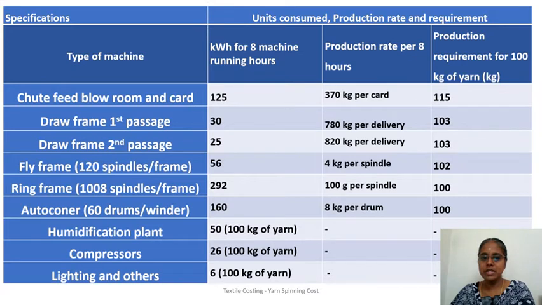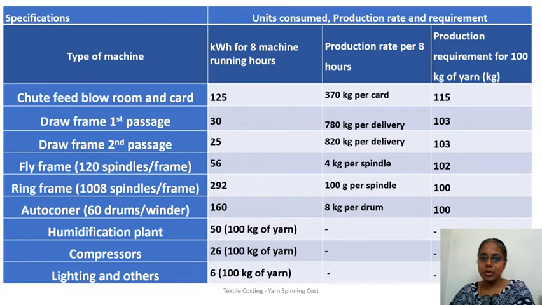First draw frame passage 780 kg, second 820 kg. Next, fly frame 100 grams per spindle. This is your GPS, the technical term grams per spindle, 100 grams per spindle when it runs for 8 hours. Next, auto corner 8 kg per drum.